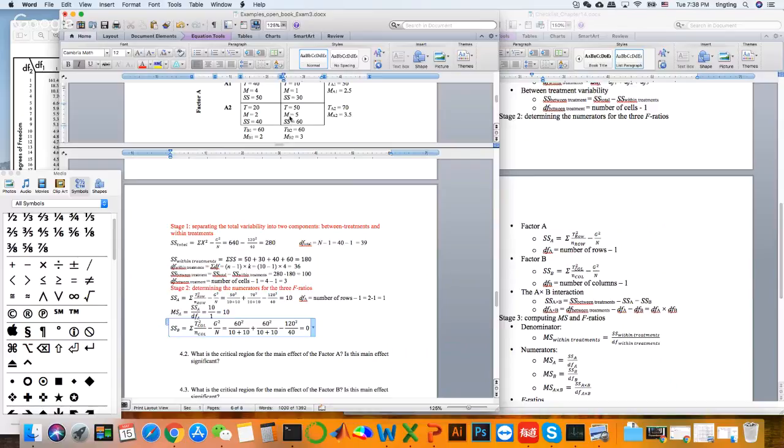Actually, it's obviously 0, right? Because the totals are the same. Here should be 3, I just typed in the wrong number. So you can see here the means are the same. The null hypothesis for main effect is that the means are the same, which means the difference is 0.